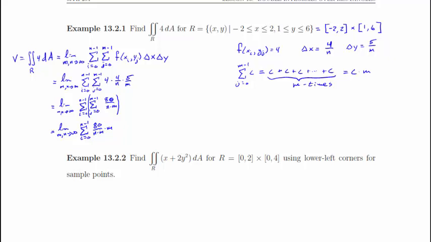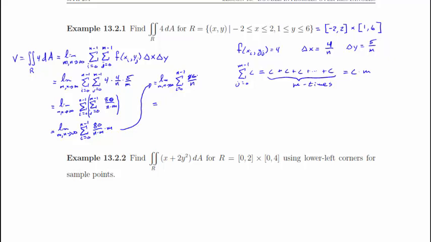And then this equals the limit as m, n go to infinity of the sum from i equals 0 to n minus 1 of 80 over n.